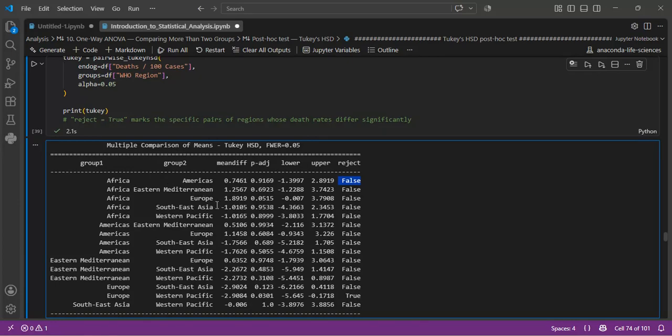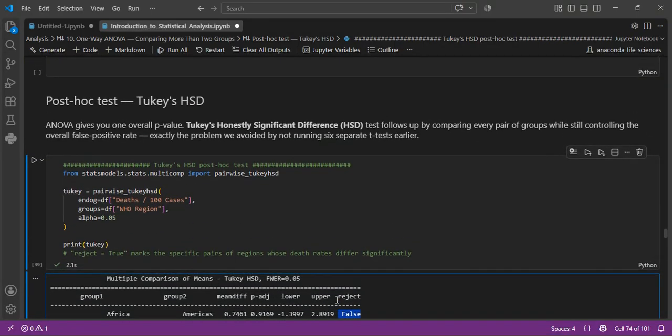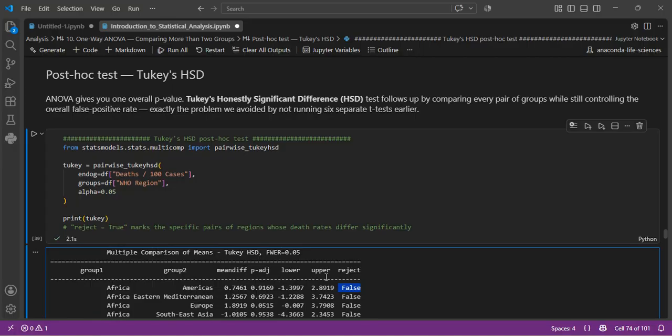So we can say that over here it is only Europe and Western Pacific whose death rates are significantly different. So that is what the Tukey does, and it handles it without increasing the false positive rate.